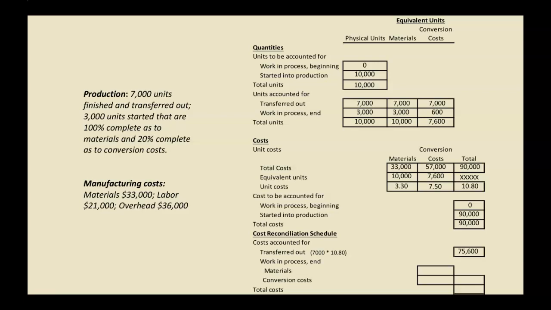Now we're working with our ending work in process, and we split that up between materials and conversion costs, right? So this is when we take a look back up at our units accounted for in our ending work in process for materials and conversion costs. For materials, there were 3,000 units. Each unit of materials cost $3.30. So 3,000 times $3.30 gets us $9,900.